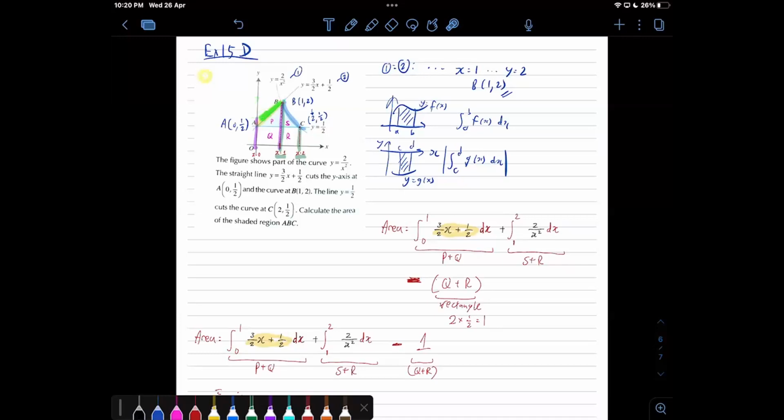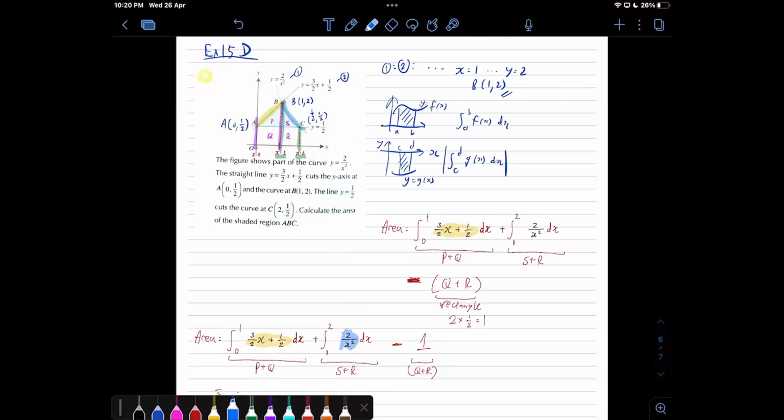In this case, the yellow curve is above this area. So you use the yellow curve, which happens to be 3 over 2x plus half. For the other one, same thing. The skateboarder goes down this blue curve, which is actually part of 2 over x squared. That's why you use 2 over x squared.